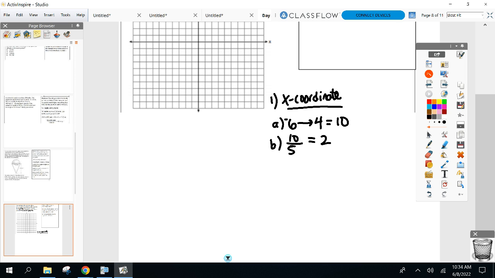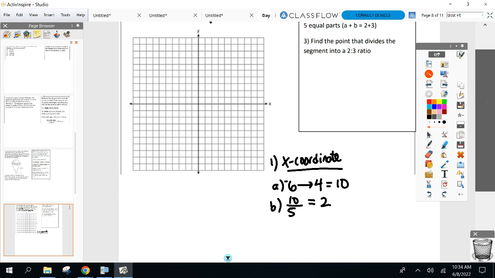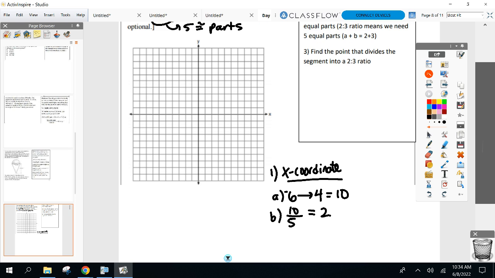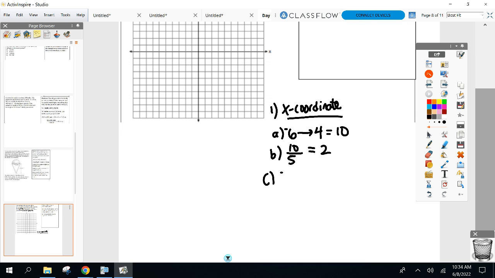Go another 2 units, you broke it up. My question is, though, how many times do we need to go 2 units? And your answer is the first number in the ratio. So how many times are we going to go 2 units? Twice, for a total of 4 units.